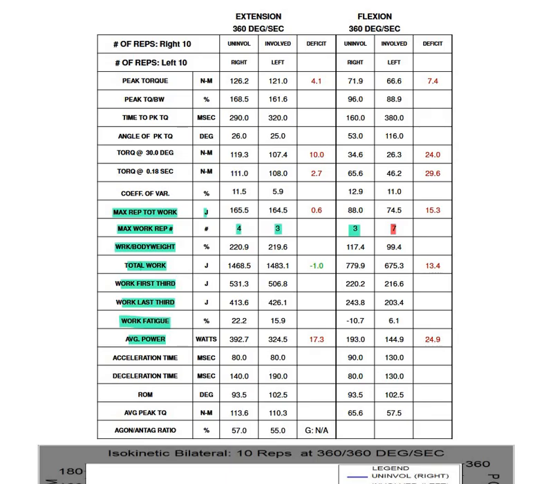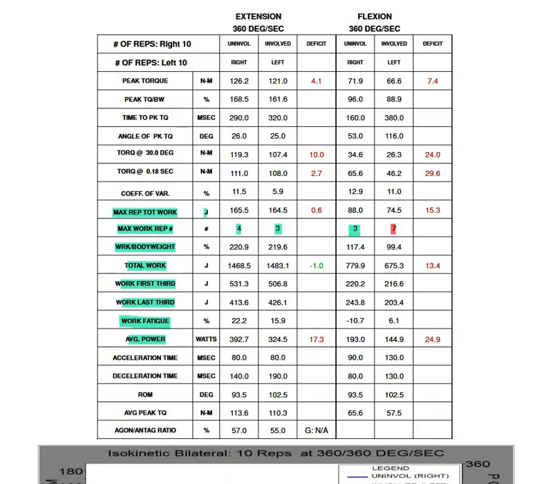This is a hallmark, as with everything that we're going to discuss here with relation to work and power, of fatigue, again, which is why it's more relevant with a higher repetition number. So what this is basically saying to us is that anything prior to the repetition that we have highlighted here for max work repetition can kind of be discredited because the athlete wasn't trying as hard as they could.